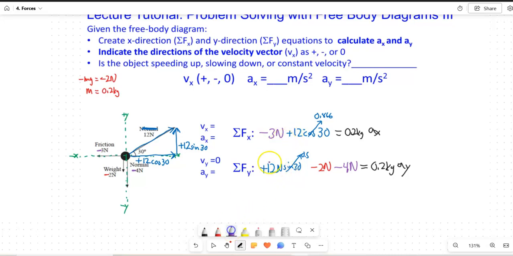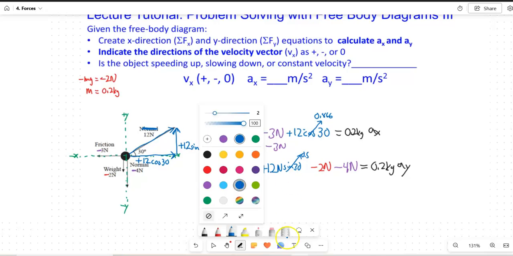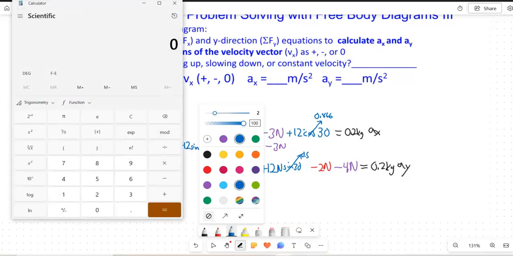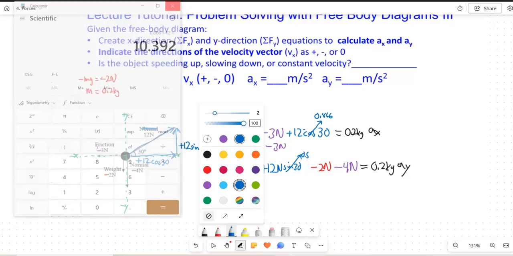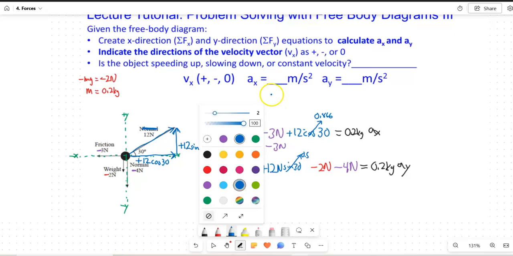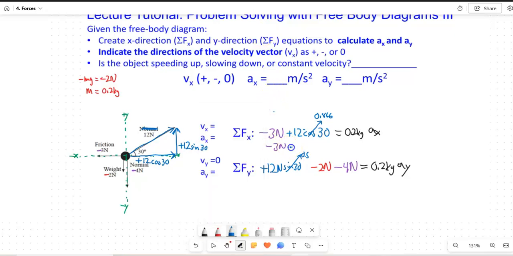So this is going to be -3 newtons, and that's going to be plus 0.866 times 12, 10.392 newtons, and that is going to be equal to 0.2 kilograms times the acceleration in the x direction.